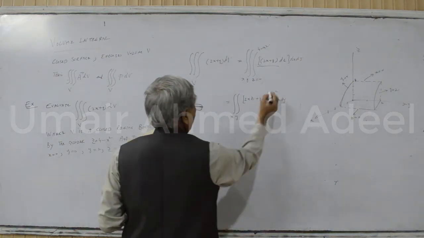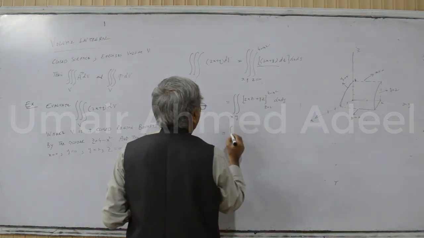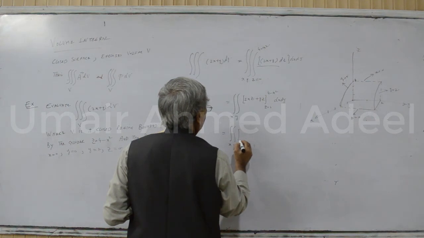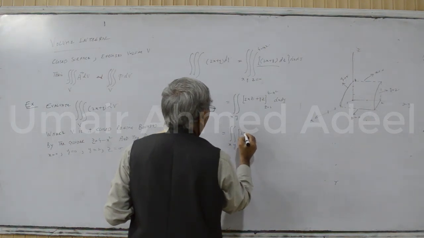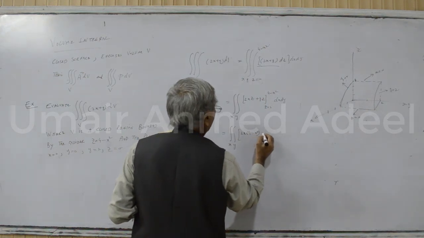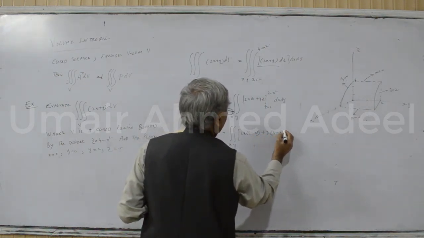Put this only for z because it was integrated over z. So inside you will have 2x(4 minus x square) plus y(4 minus x square).